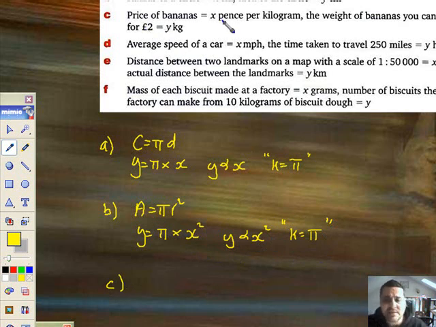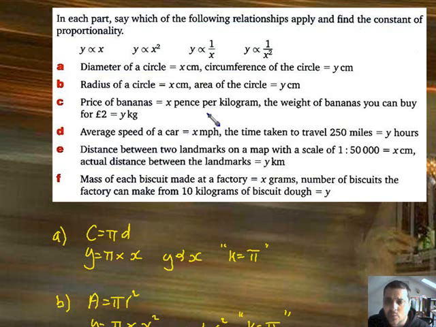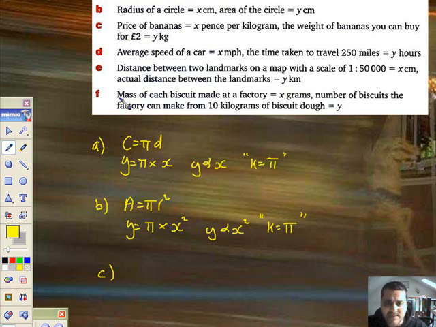The price of bananas is x pence per kilogram. Alright, and the weight of bananas you can buy with £2 is y kilograms. So I've got kilograms with kilograms, I can't have pence with pence. So I think I'm going to take my 200 pennies, divide that by x, and I'm going to get y.